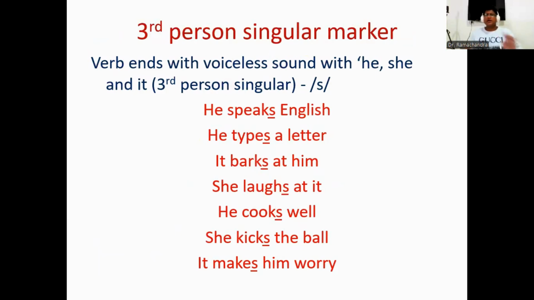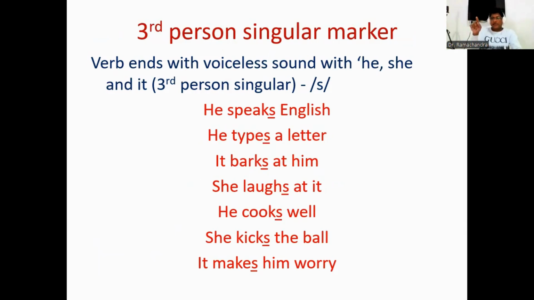This is the third person singular marker. Same, you have to understand which is voiceless sound and which is voiced sound. If you understand that, it's easy. Just find the end of the word, the end of the verb, the end of the noun: voiceless sound or voiced sound. He speak: generally that is the verb. But in third person singular, he, she, it, you have to add s or es.